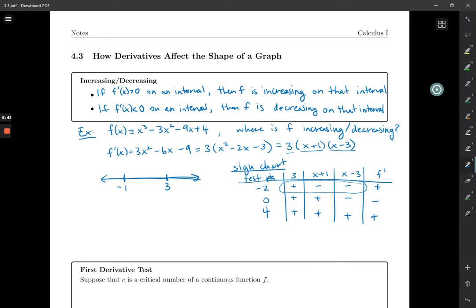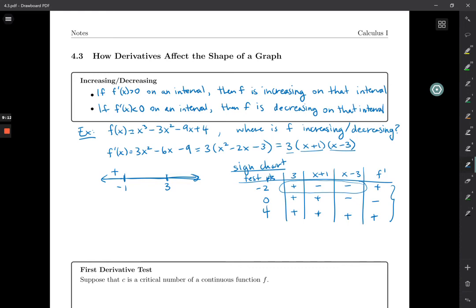Okay, and so we'll take this information that we just got and put it onto our number line. So negative 2 corresponded to the first interval from minus infinity to minus 1. So the sign of f prime on that whole interval is going to be positive. So I'll put a plus above that interval on the number line.